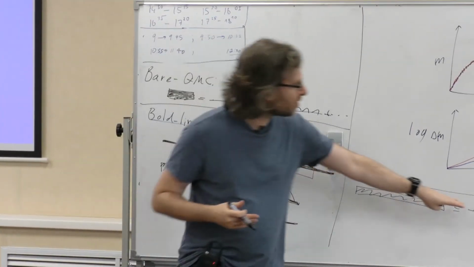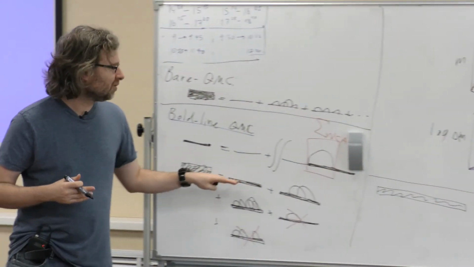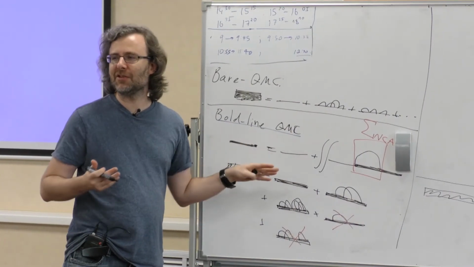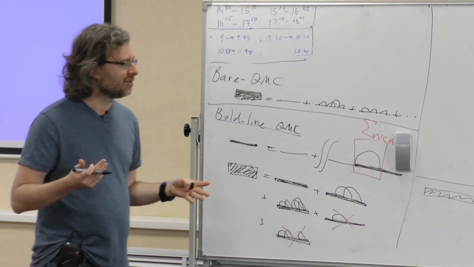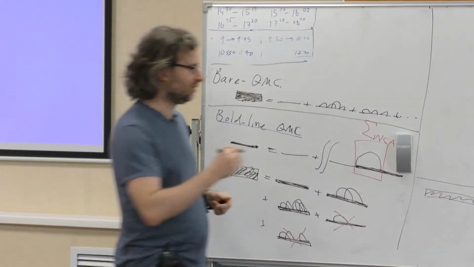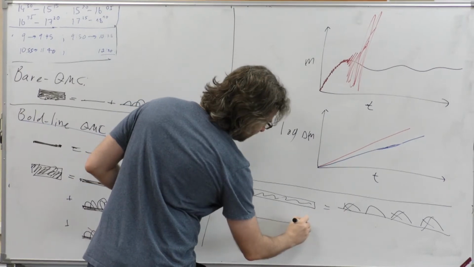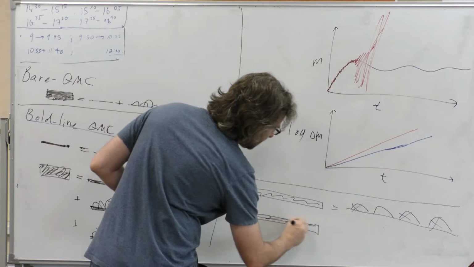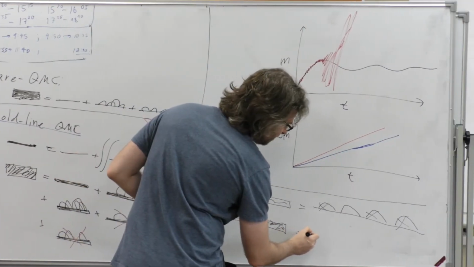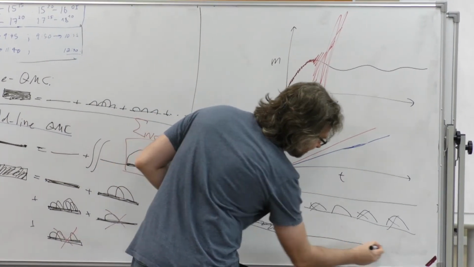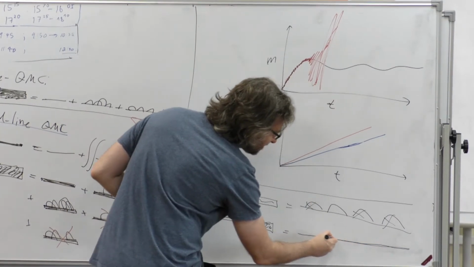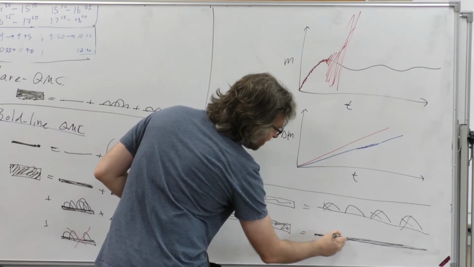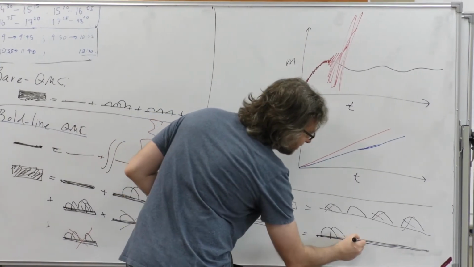But actually, all of these diagrams are summed up with the non-crossing approximation, with the bold line Monte Carlo. Okay, so they should be completely removed by that. So why do I still have a sign problem? Well, if I look at this bold line expansion, okay, my full propagator is written in terms of, okay, this is supposed to be a bold line, but it has contributions that look like this.